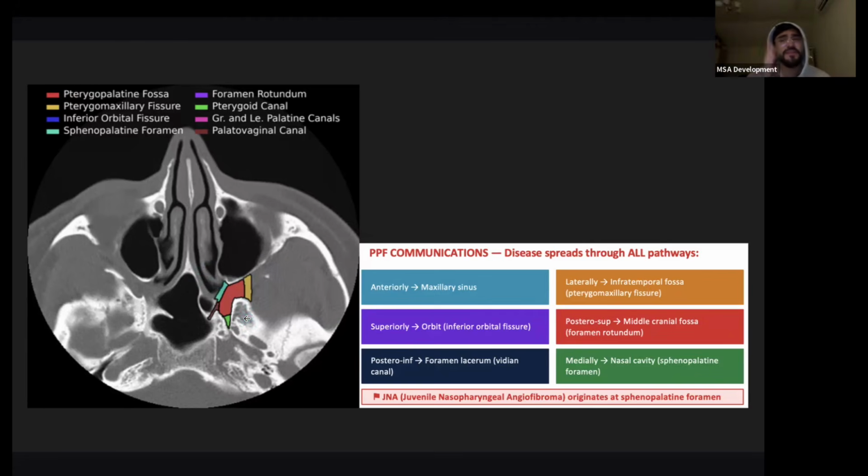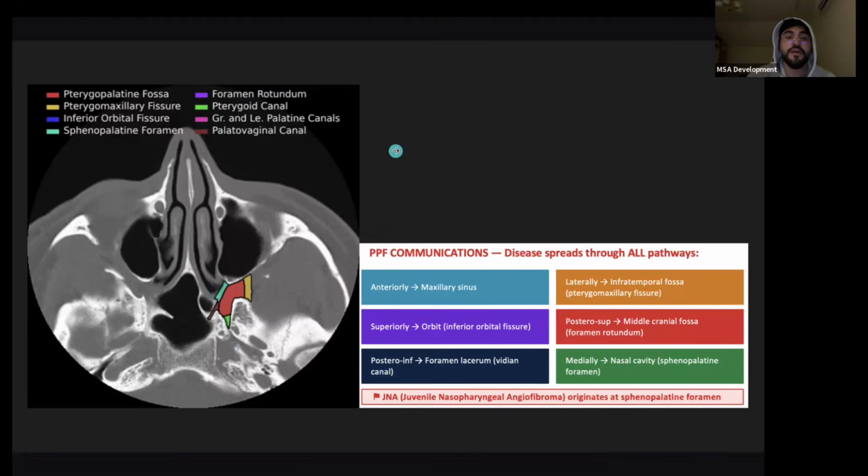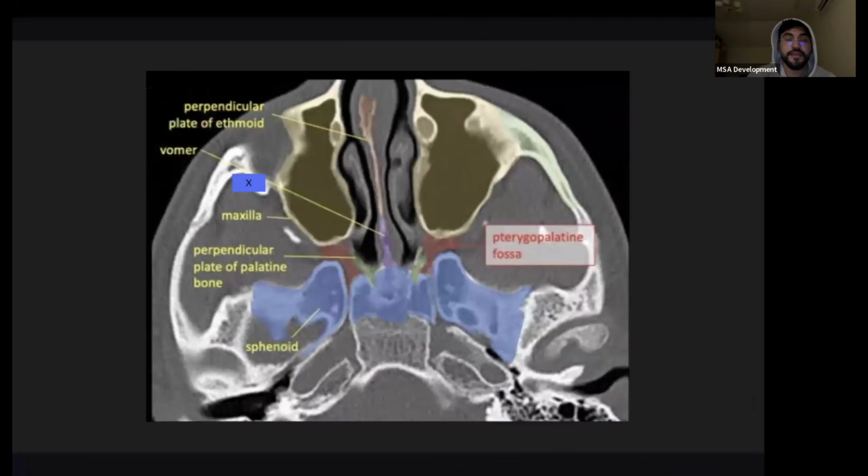And something that I found within the slides, a disease called juvenile nasopharyngeal angiofibroma, which is seen in adolescents. It originates within the sphenopalatine foramen. Okay. Can you name this bone for me? This is part of the nasal septum.